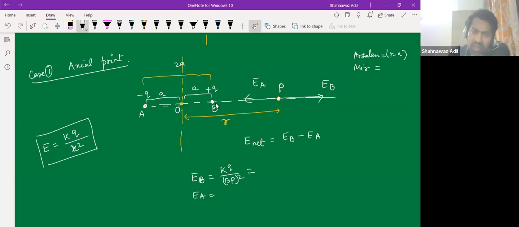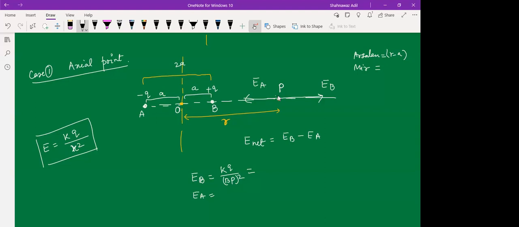The question is how much is this BP distance? Because to calculate EB, that would be charge divided by separation square. So what is BP? Arsalan has said that it is R minus A. What are your thoughts? Is that correct, or do you have any other answer?